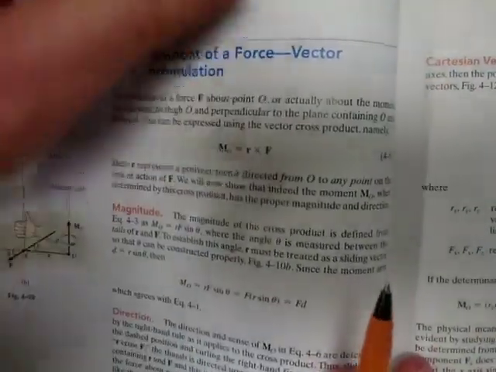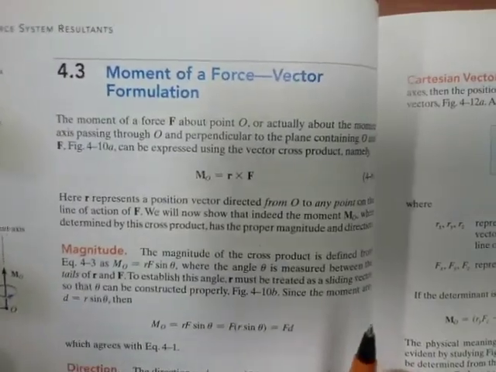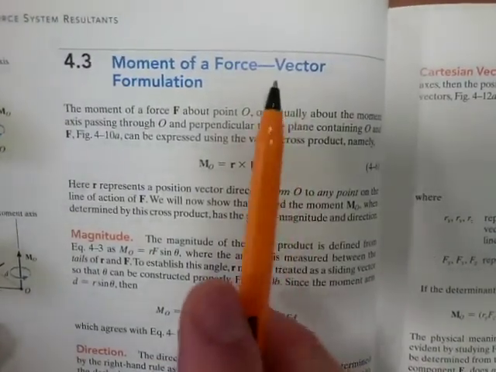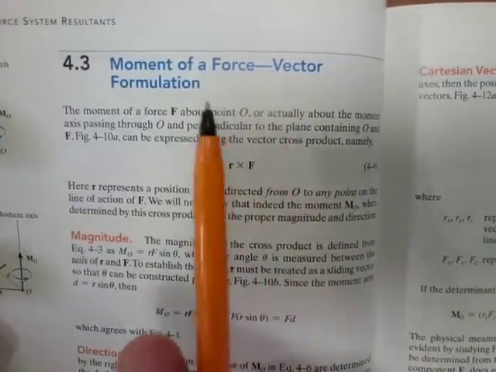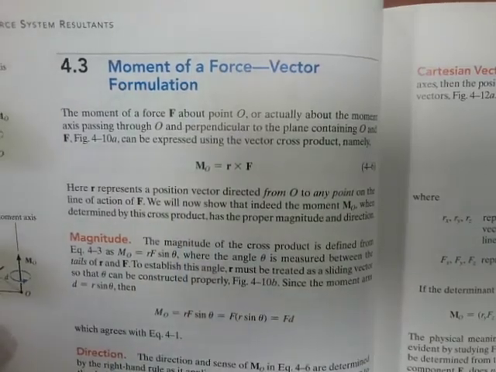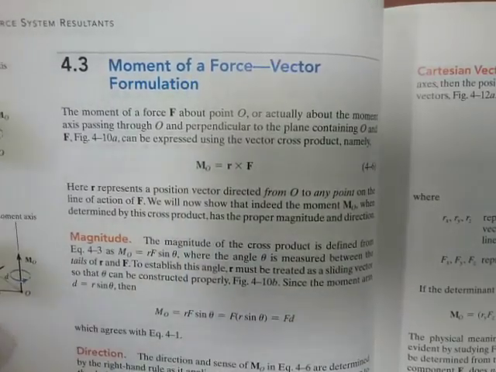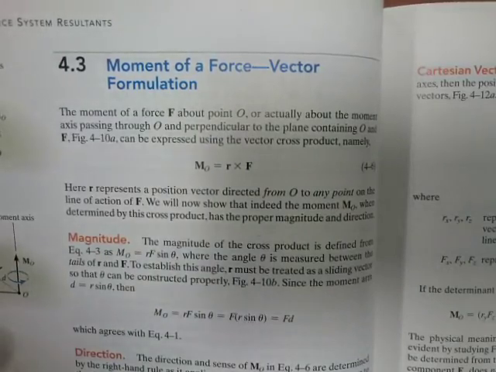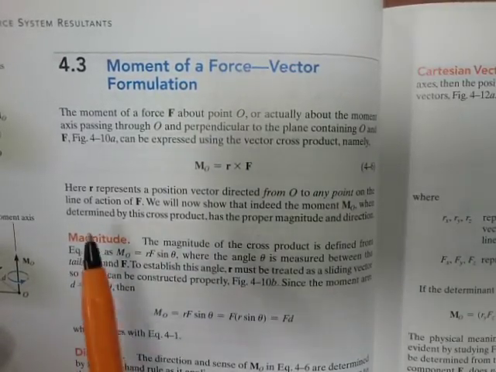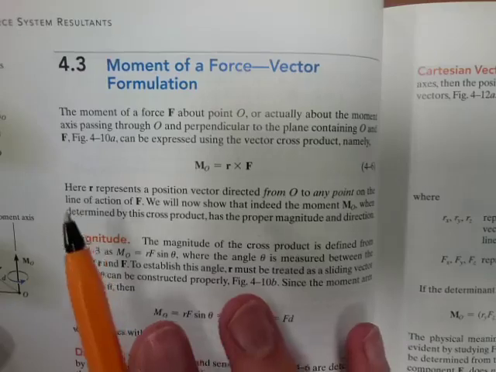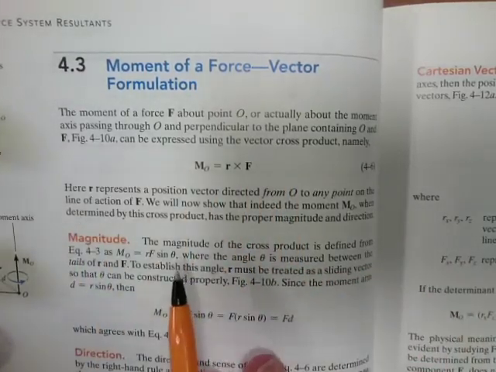The basic idea, guys: how about we just talk about the scalar formulation? What you recall in chapters 2 and 3 is that when we were working in two-dimensional space, we could leave our forces in scalar form, okay?